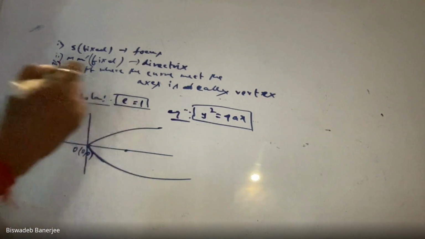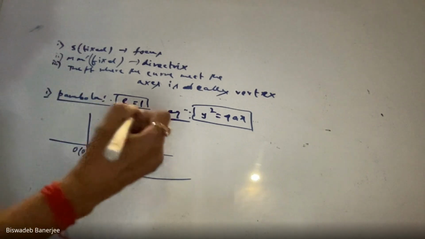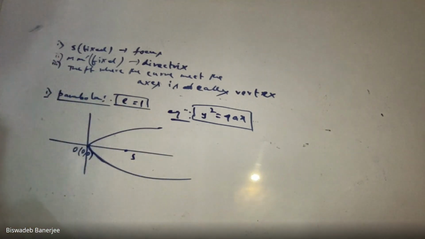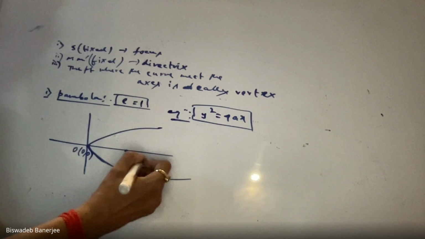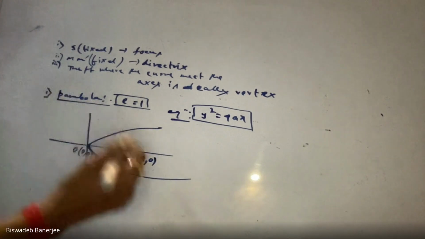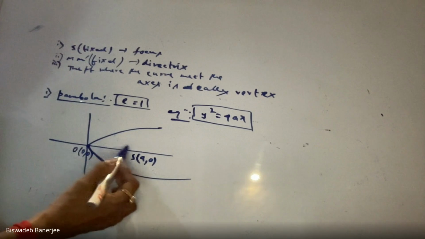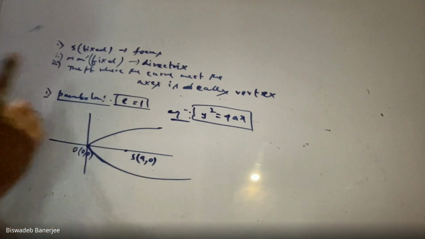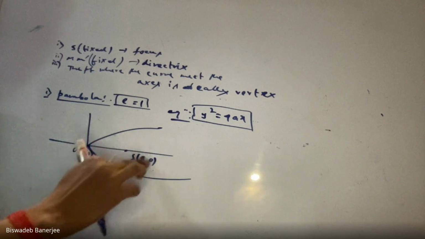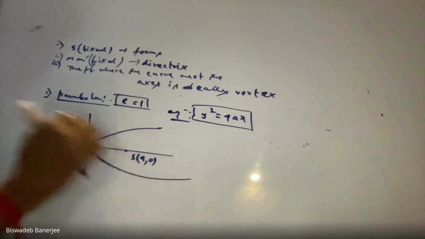This point is a fixed point. This fixed point is said to be the focus of the parabola. Suppose this point is a comma 0. Obviously, on the x-axis, the value of y is 0. That is a basic concept.